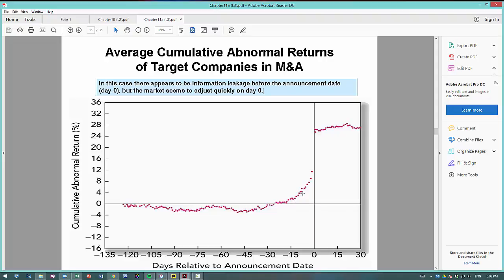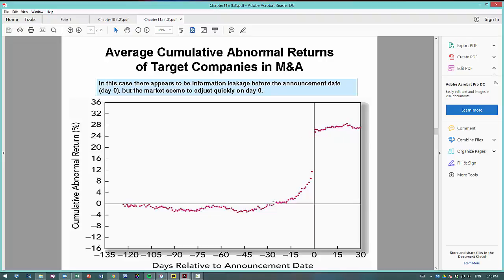So more and more information gets out to the market, and as more and more people start bidding up the stock price, it starts rising and rising and rising until the actual day of the announcement, when everyone knows, there's an instantaneous reaction. Okay, and then it just goes boom all the way up to this level.